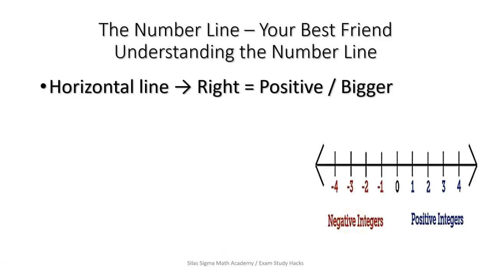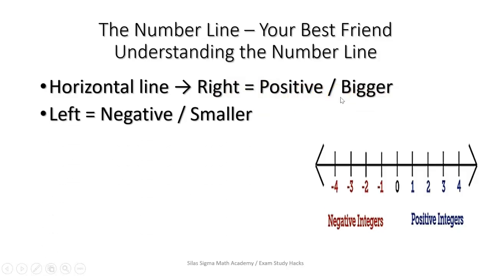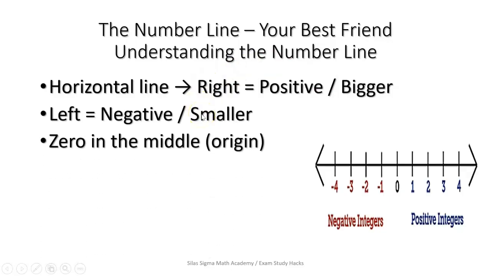Now, we have this horizontal line. Right represents positive, and they are bigger than 0. Left represents negative, and they are smaller. And 0 is in the middle, which is the origin.